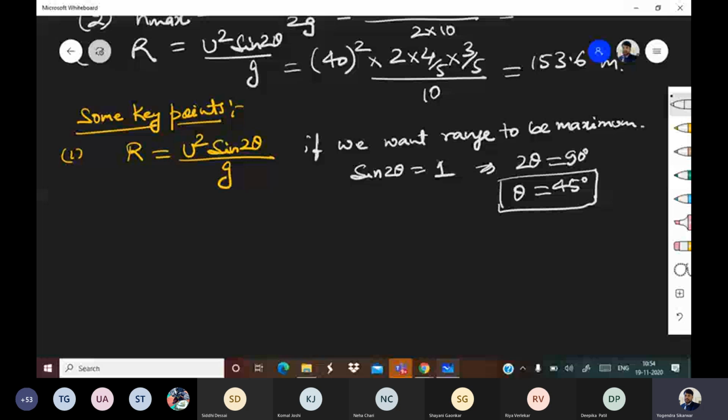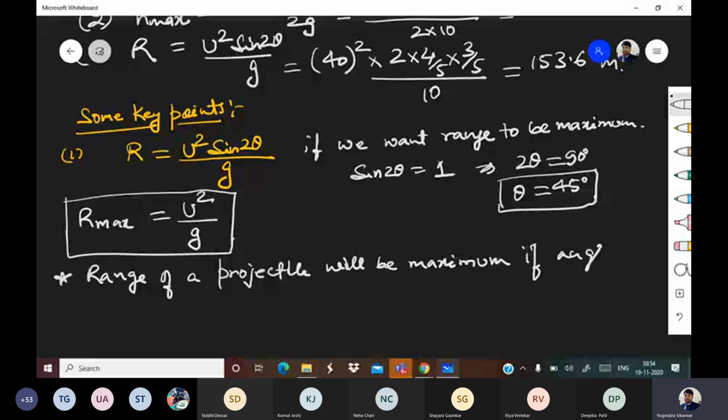So the star point says the range of a projectile will be maximum if the angle of projection is 45 degrees. Okay, please note.